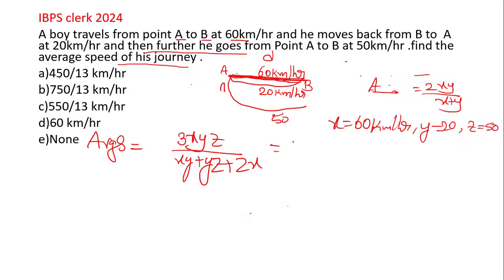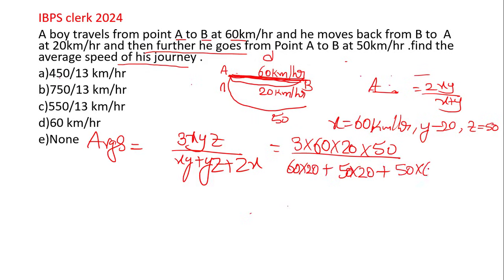Let me solve it for you. 3 into 60 into 20 into 50 by 60 into 20 plus 50 into 20 plus 50 into 60.